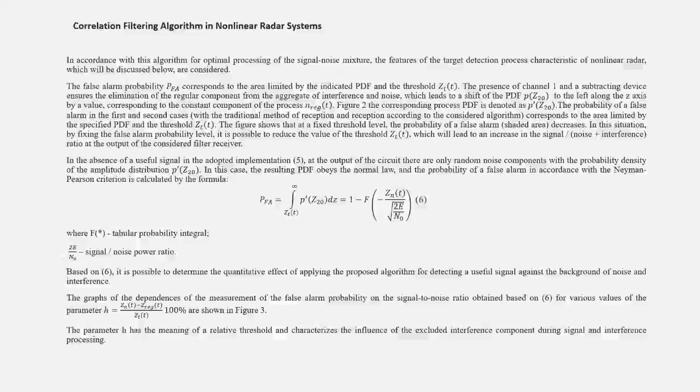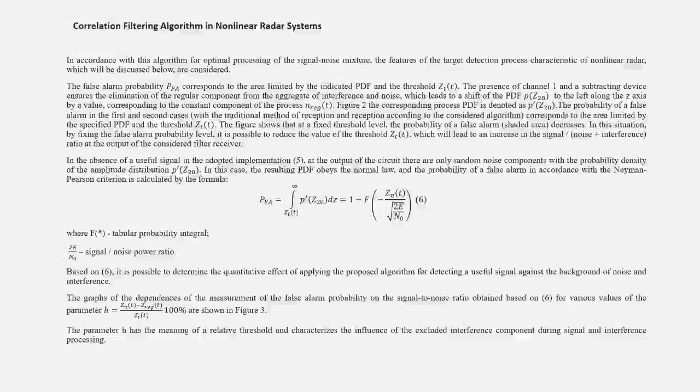The presence of channel 1 as a processing device ensures the elimination of the regular component from the aggregate of interference and noise, which leads to a shift of the PDF p(z|0) to the left along the x-axis, and the value corresponds to the constant, regular component of the process.